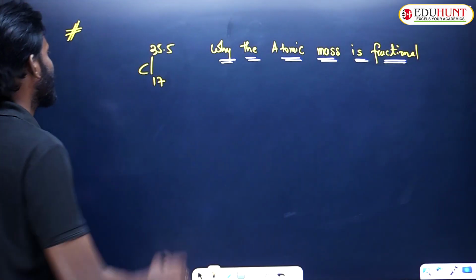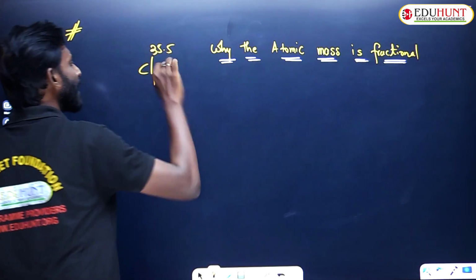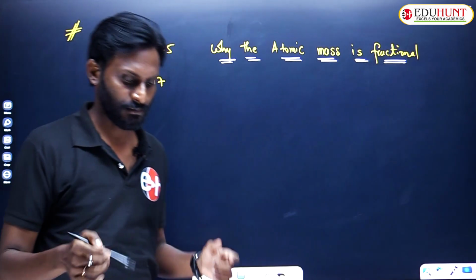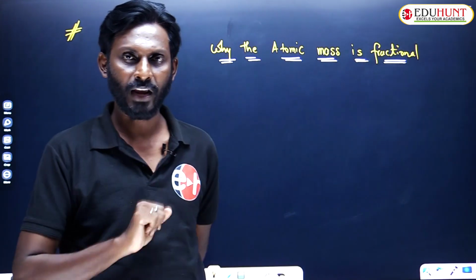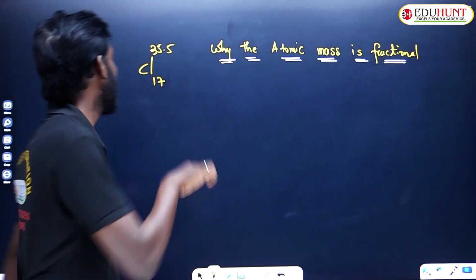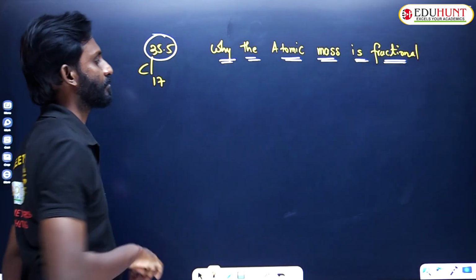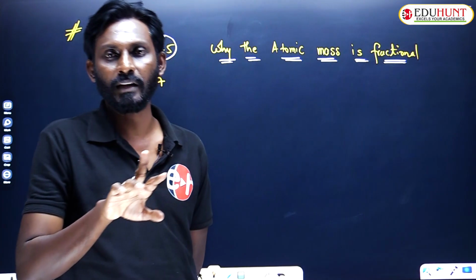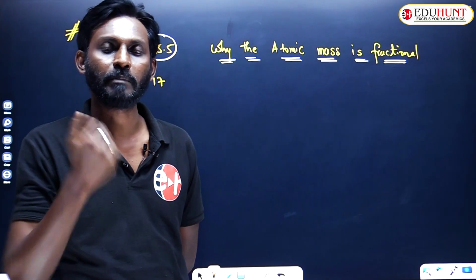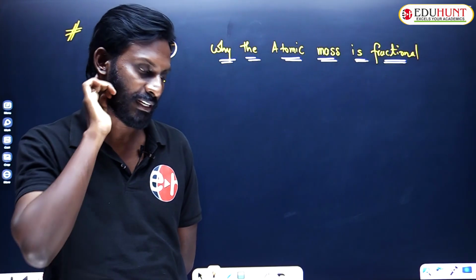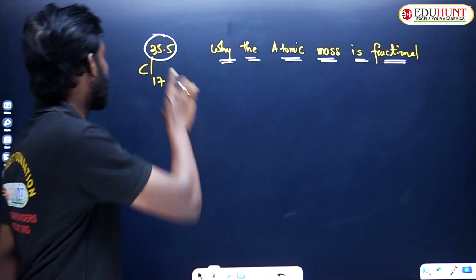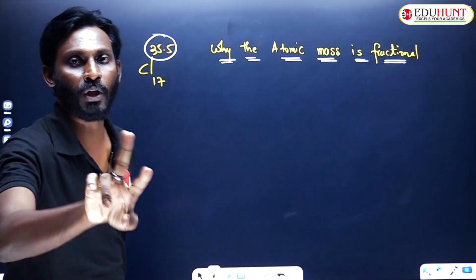The question arises, why can't it be fractional first of all? Normally it can't be fractional, because this is the mass number, which is different from atomic mass. I told you already, this is the number of protons plus neutrons.